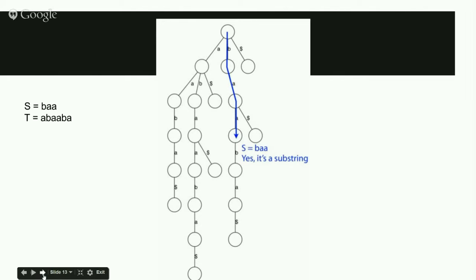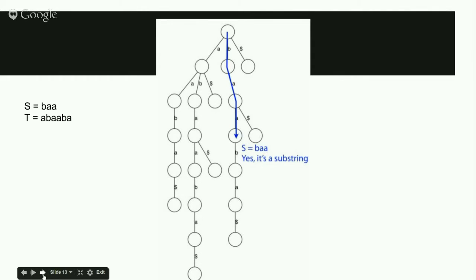Then you look for the next character, which is an A. You look for outgoing edges for A, you find one, you travel down it, and now you're at the node for A. You look at the next character of the substring, which is another A, so you look for an outgoing edge for A. You find one, you travel down it. Now you notice that you are at the end of the substring, there are no more characters, and you haven't fallen off the trie. So this means that BAA does exist as a substring of the text.